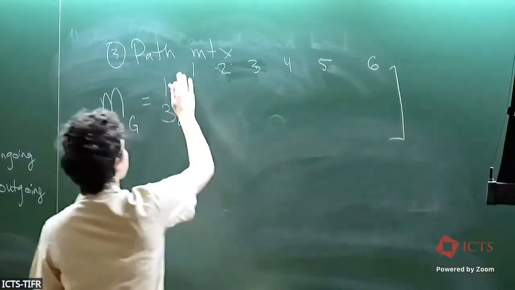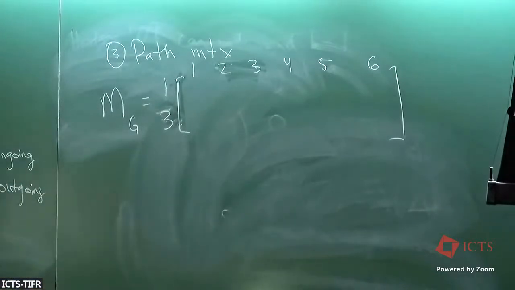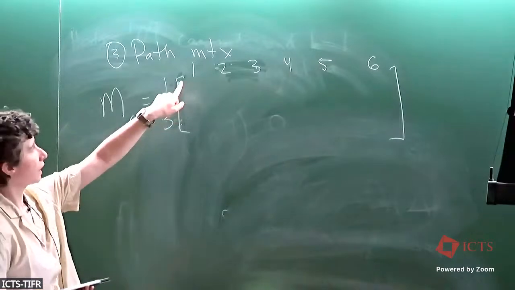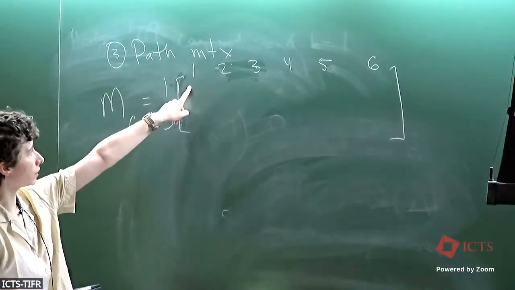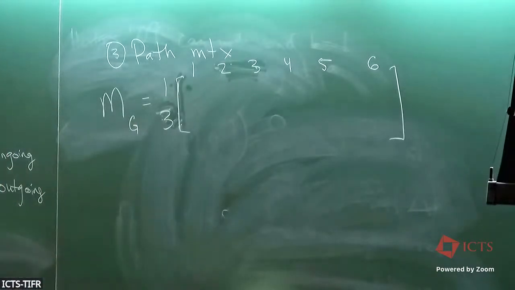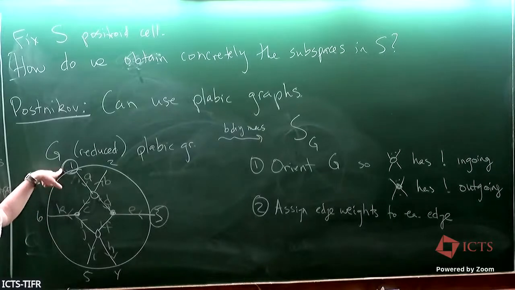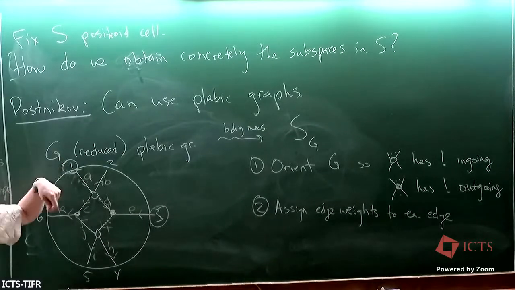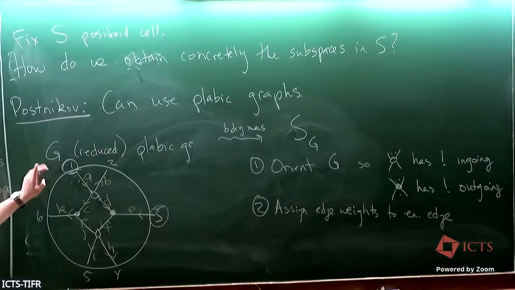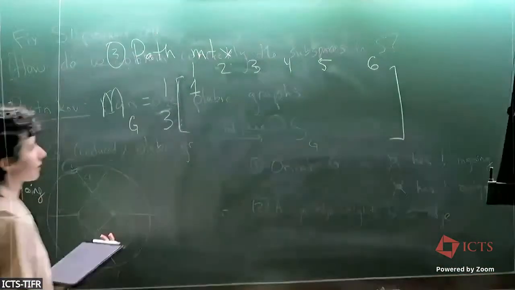Okay, and now the entries of this matrix are just going to record, so I have this entry 1,1. This is going to record the paths in my graph that go from 1 to 1. Okay, there's only one path. It doesn't do anything. It just stays. It's lazy. And so I'll record the weight of that path as 1.